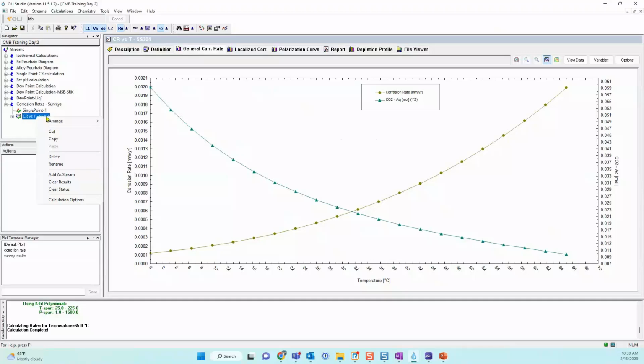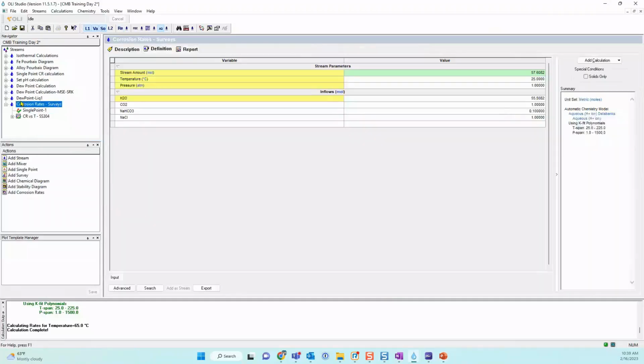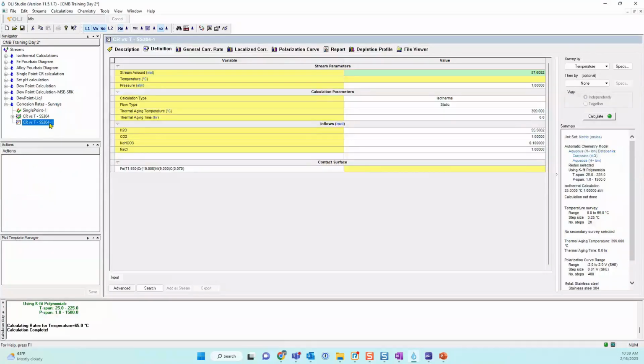I'm going to right click on it and copy, and then right click on corrosion rate surveys and paste. For this one, let's change the name: corrosion rate versus temperature and NaCl, or salinity, or chlorides, however you like to see it.